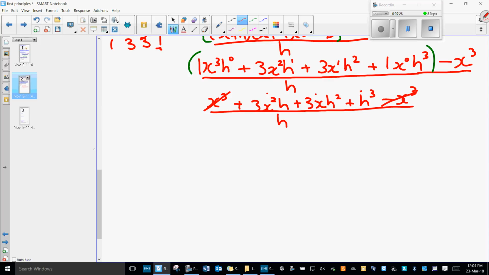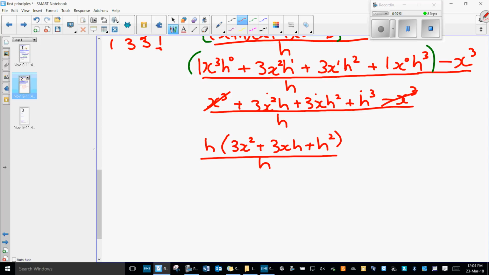So I'm going to bring h to the front. So this first term is going to now be just 3x squared. The second term is going to be 3xh. And then it's going to be plus h squared. Okay, so what I've done is I've factorized, I've brought out h, just h, because that's the highest factor I can bring out.